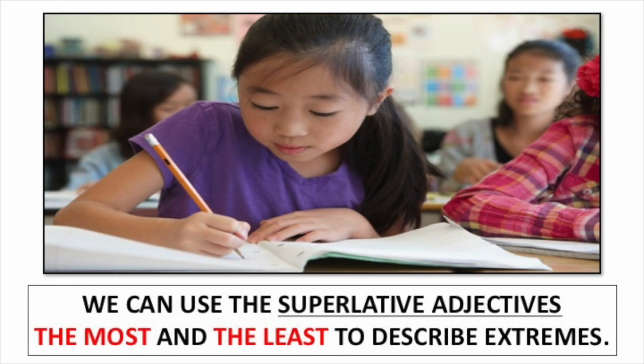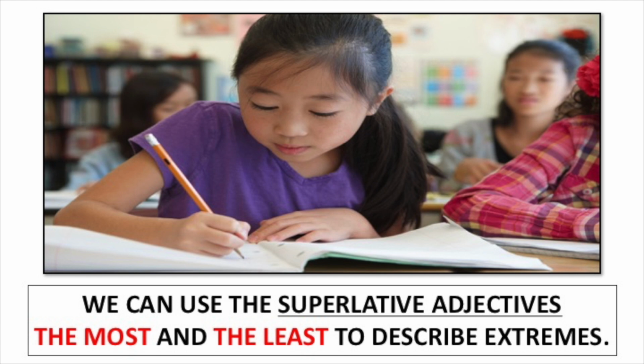And then we can use the superlative adjectives, the most and the least, to describe extremes. Yes. Now this is when you've got a number of objects and you want to talk about the one with the greatest property. We don't say more than, we say the most.